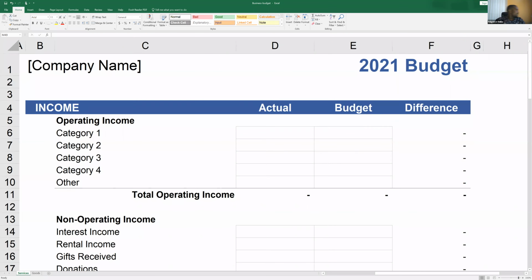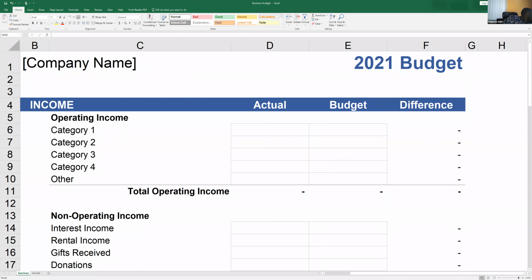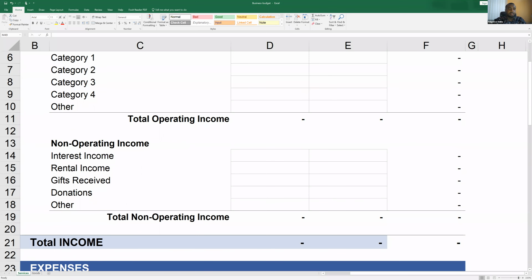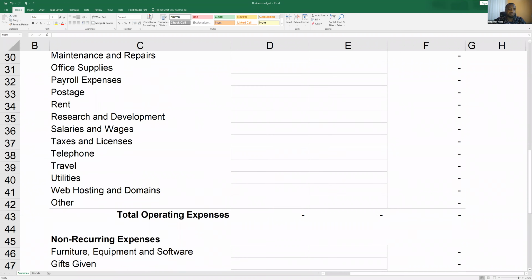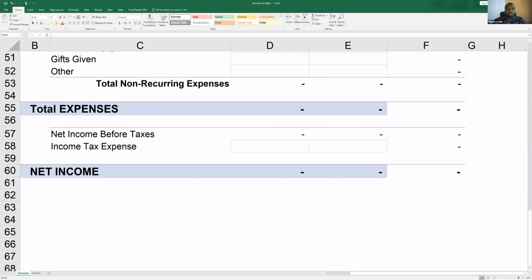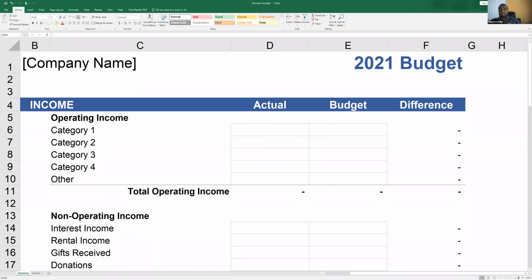For this kind of business, we can have the operating income, then we have the expenses. And remember, when you're setting your budget, we have three issues here.